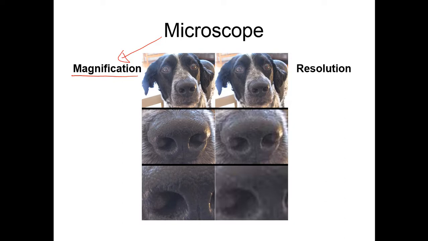Magnification is increasing the apparent size of the object. For example, here is the dog, and the magnification of the nose. This is magnification from the dog towards the nose. See how much more we see the nose. That's the magnification, how big we will see it.